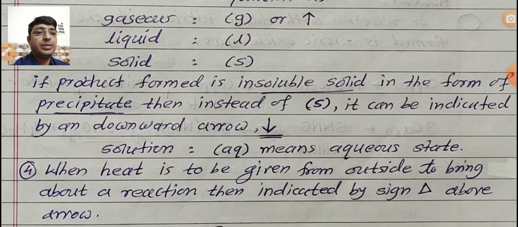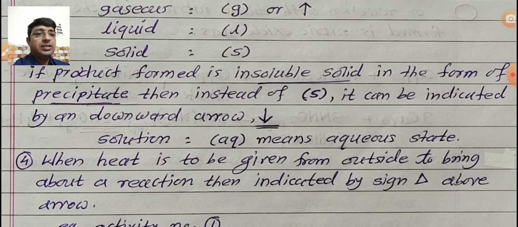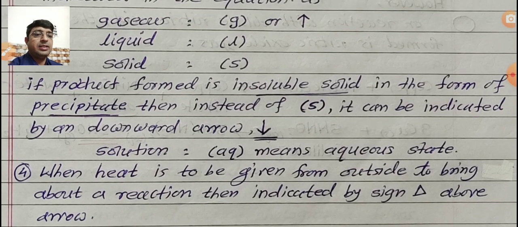It shows that a precipitate is formed. If any reactant or product is in the form of solution, means with water, we write the state aqueous, in short AQ.